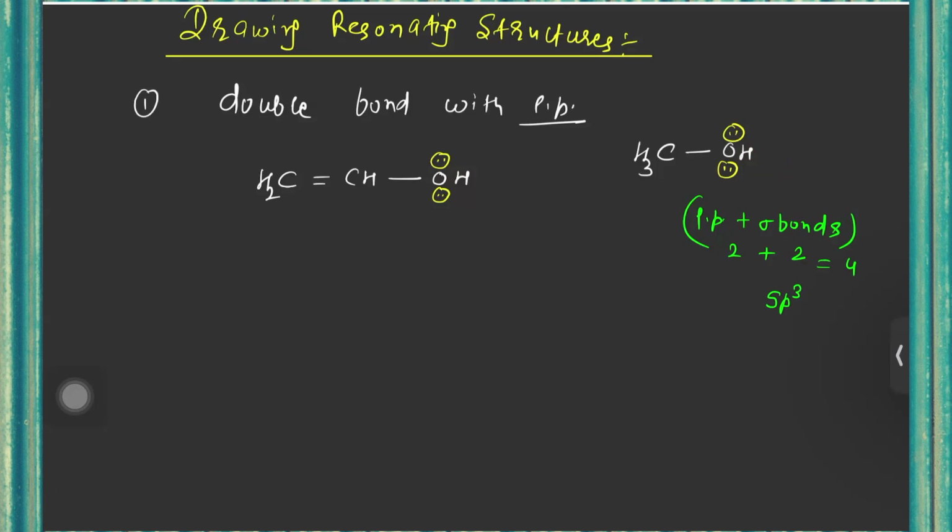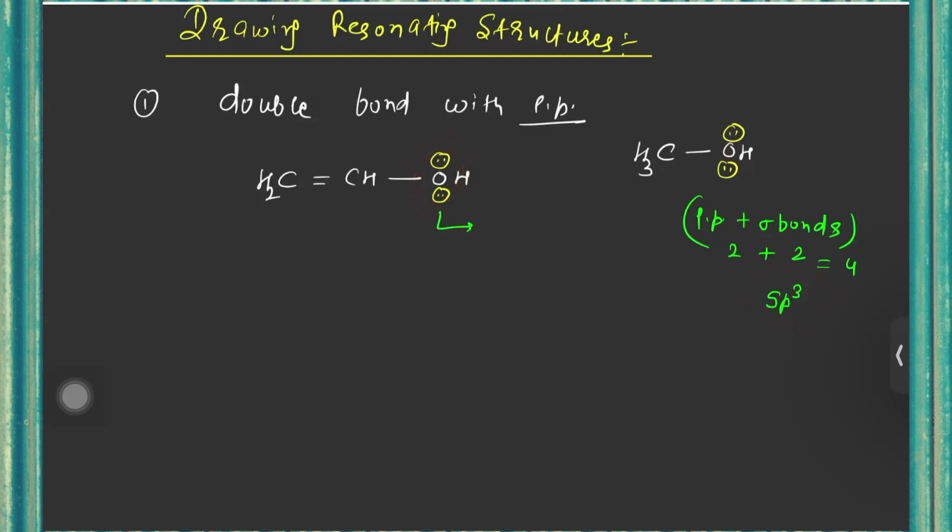No problem if you do not yet know the actual meaning and significance of hybridization. We will do that in great detail. But for now, just see that this oxygen is sp3 hybridized. But this other oxygen is not sp3.